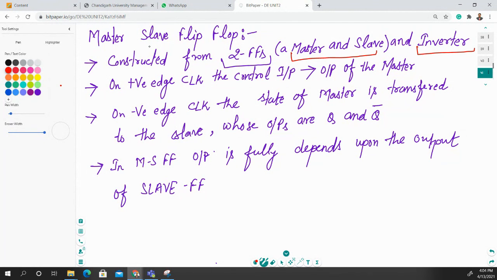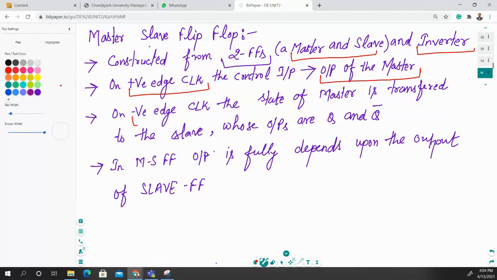So when you apply the positive clock signal to the control input, your output is changing in the master slave. As you can see, this positive edge clock is applied to the control input, so the output of the master is going to change at this moment.